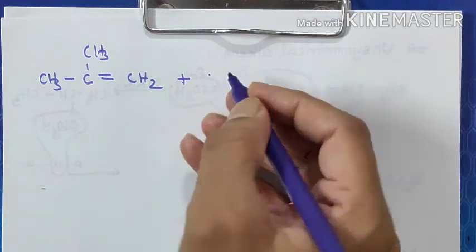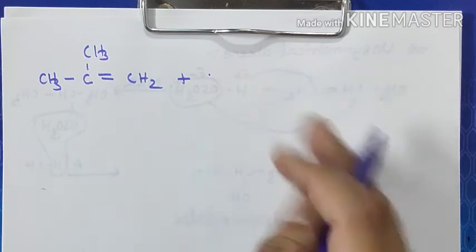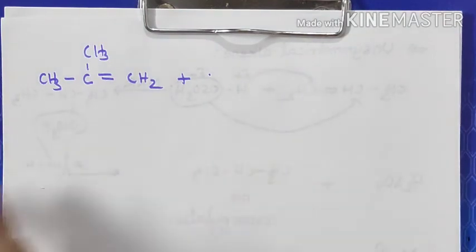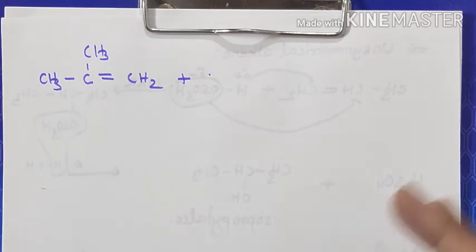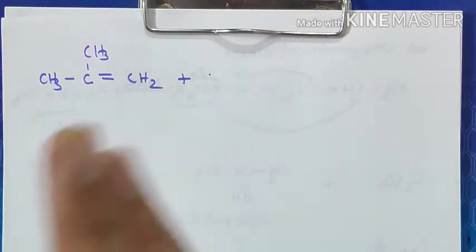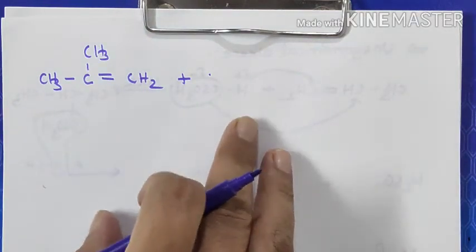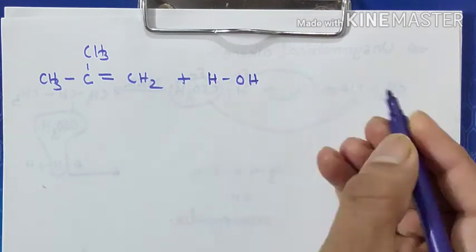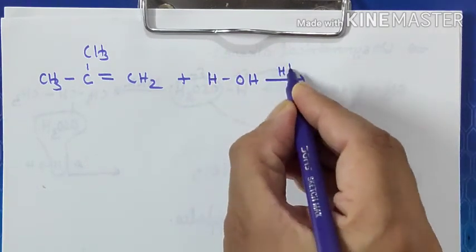Obviously I have to form what? Alcohol, right? So there is no need to draw the whole complete mechanism, or to write sulfuric acid attacking and the negative part of it. You only have to think that you have to add water in the presence of acid. This is the shortcut, add water.